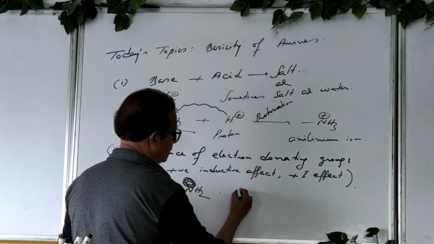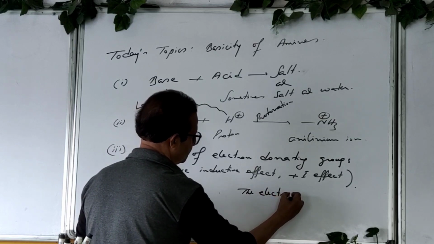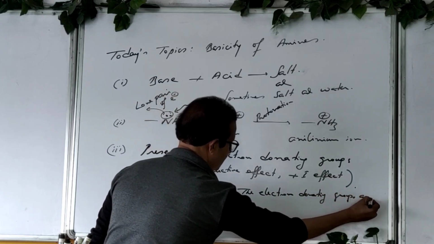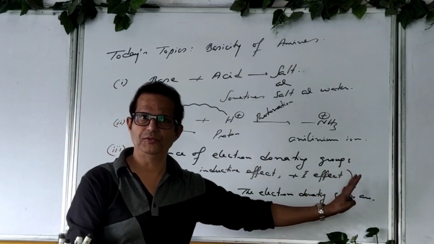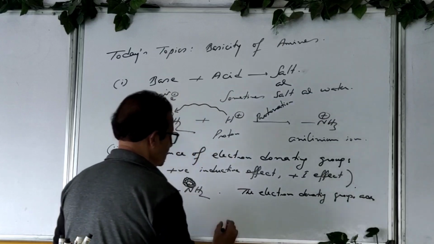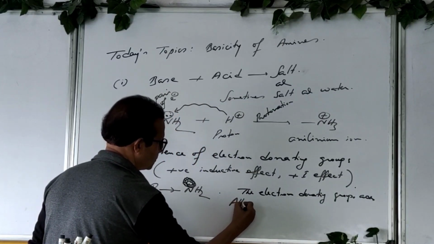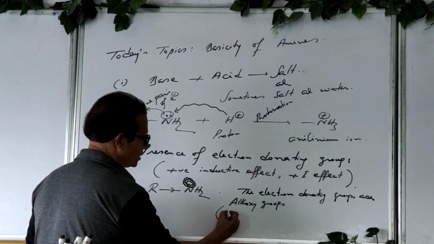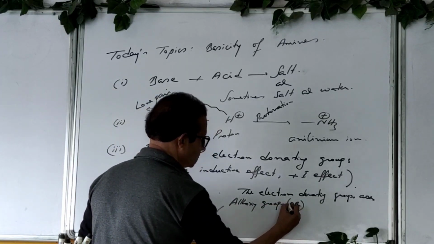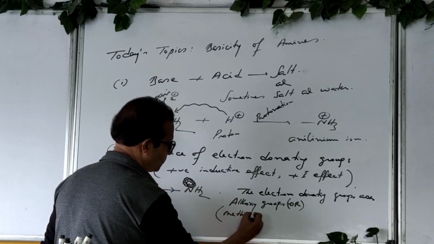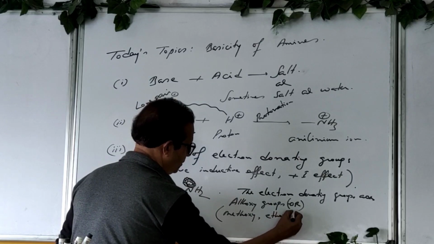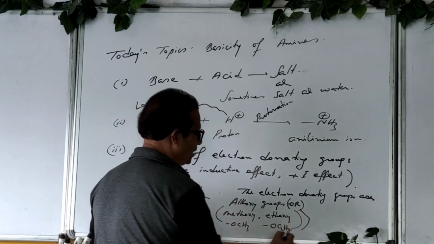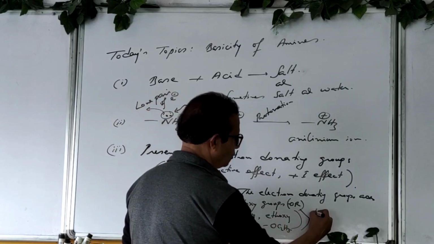Remember, the electron donating groups are, I will discuss only those groups which are very useful in this chapter, alkoxy groups, denoted by OR, such as methoxy, ethoxy, OCH3, OC2H5, with greater electron donating power than alkyl groups.